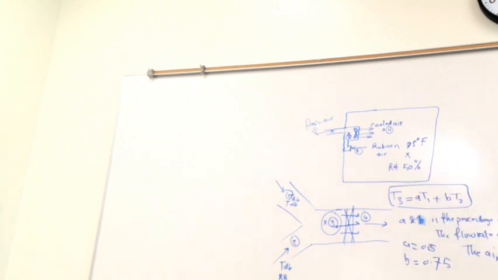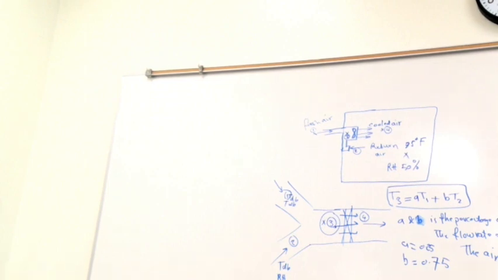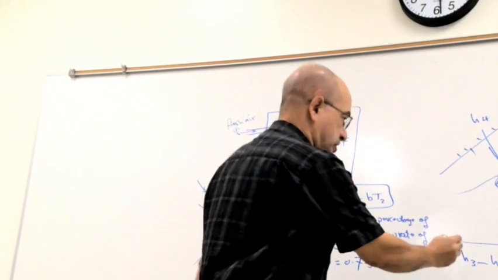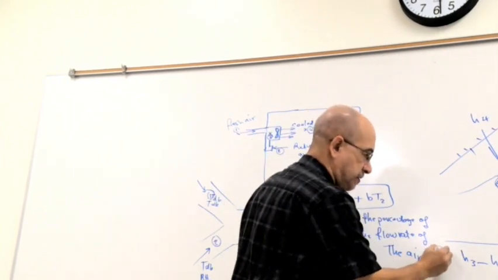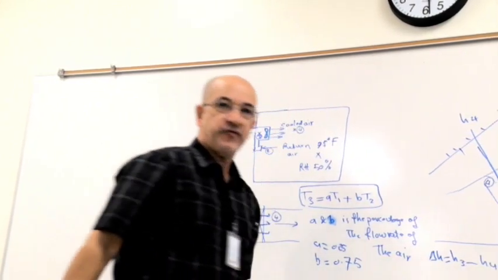Q total equals 4.5 multiplied by CFM multiplied by delta H, where delta H is H3 minus H4.